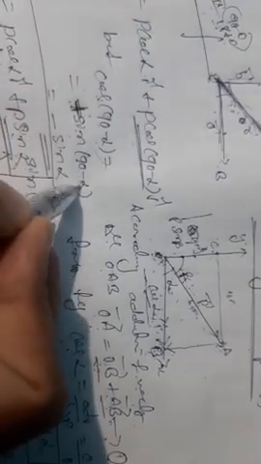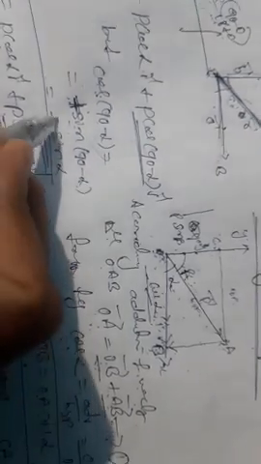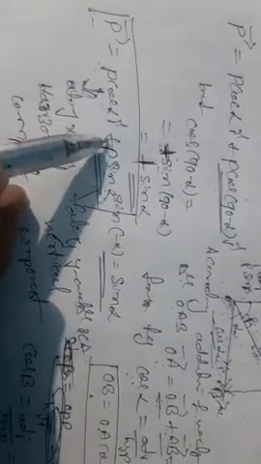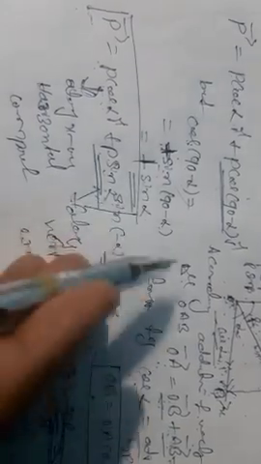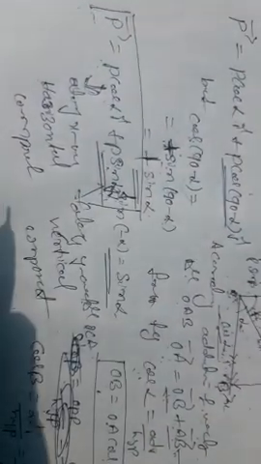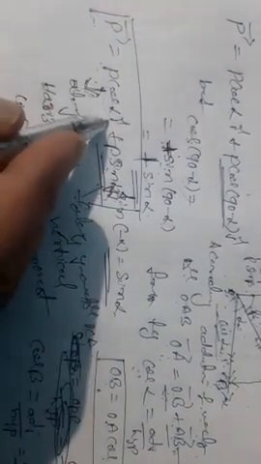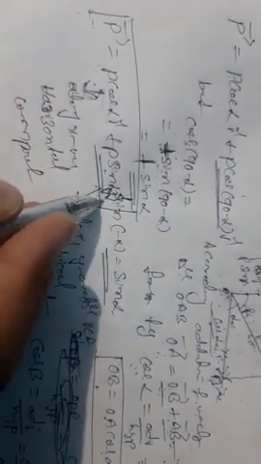So cos 90 minus alpha is sin alpha. Then the equation is P cos alpha i cap plus P sin alpha j cap.